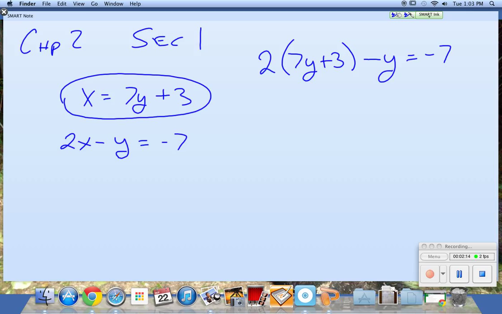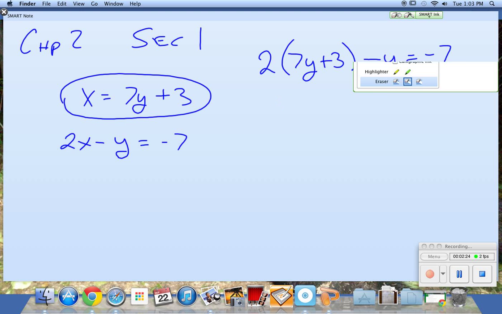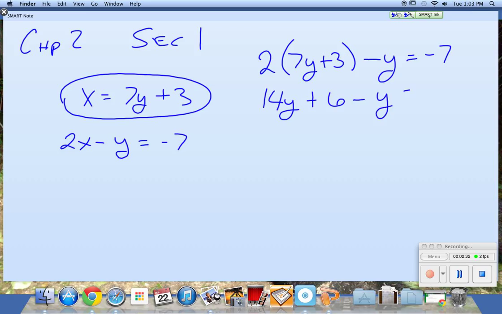So I get rid of my parentheses first. 2 times 7y. Let's write it like this: 14y plus 2 times 3 is 6, minus y equals negative 7. Combine our y's: 13y.